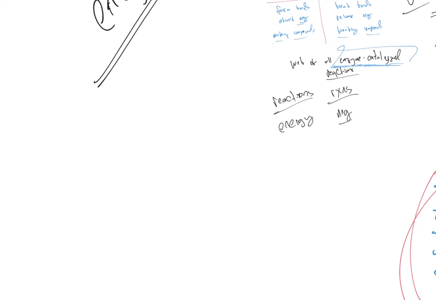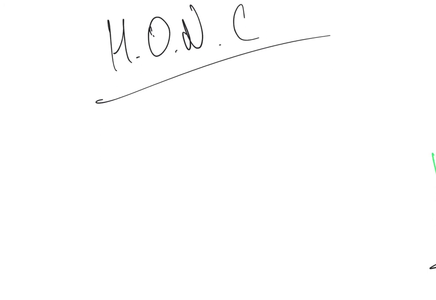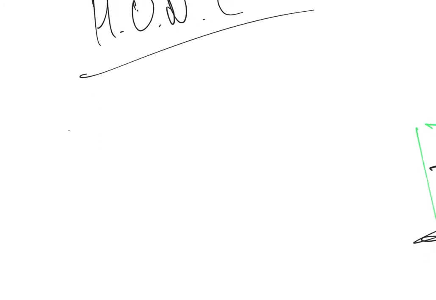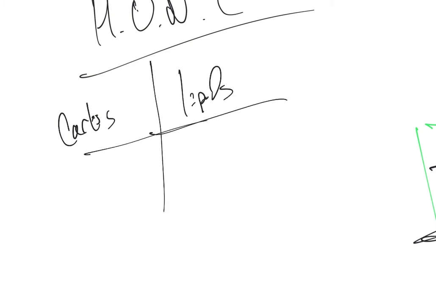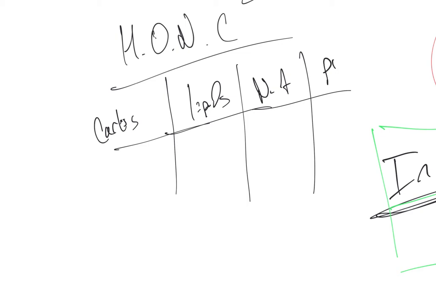So where am I going from here? I'm going to keep with our lesson from yesterday. All life is made of HONC, honk. Now we have 4 molecules: carbs, lipids, nucleic acid, and protein.